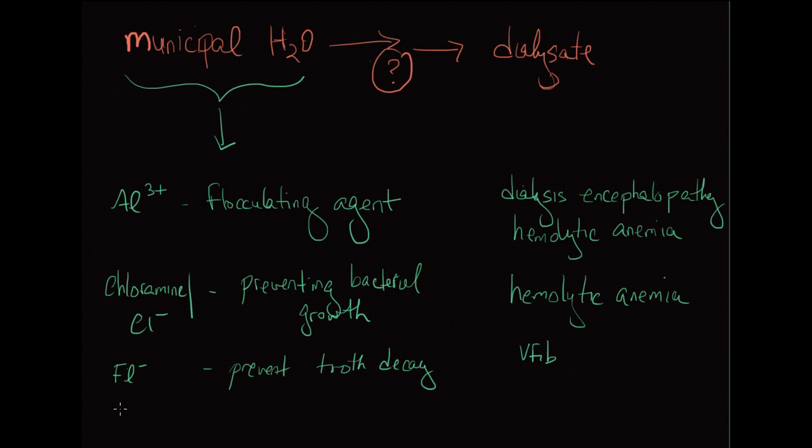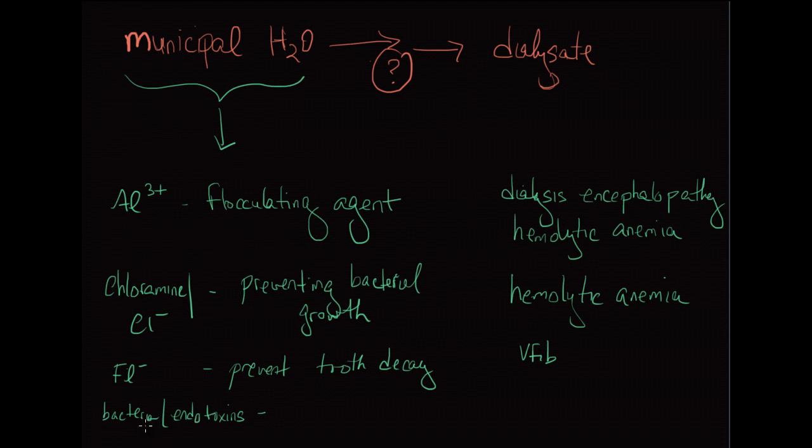What else is in municipal water? Well, we've got bacteria, or endotoxin, the protein-based products that cause fever and nausea and vomiting that are secreted by bacteria. Well, chloramine or chlorine ought to get rid of this bacteria. But what happens is dialysate is stored.